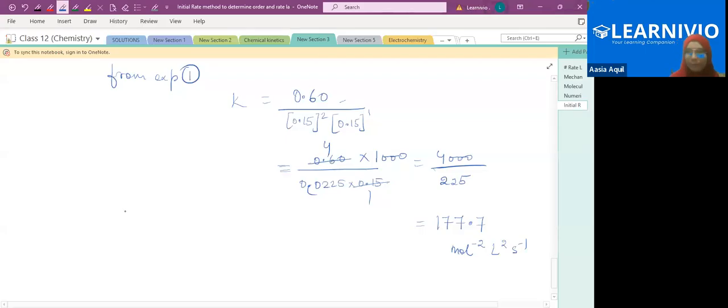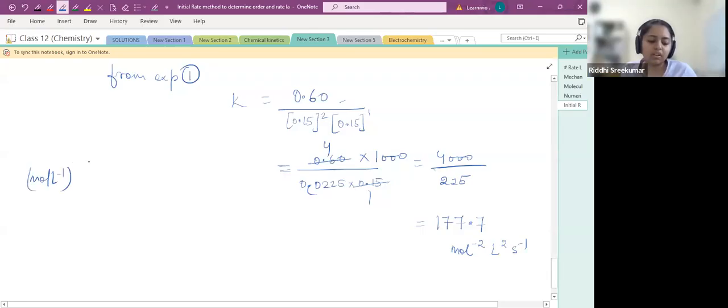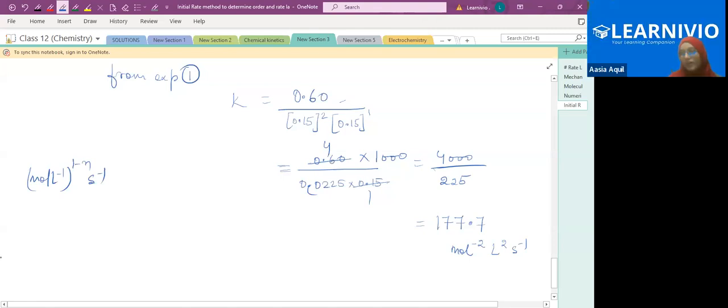And similarly, if you know the general equation, you can easily work it out. The unit of rate is mole per liter per second, and concentration is mole per liter. If you know the order of the reaction and you remember the general unit of rate constant, you can put the value of n over here, 3, and check whether your unit is correct.